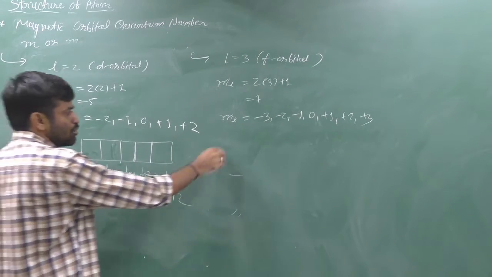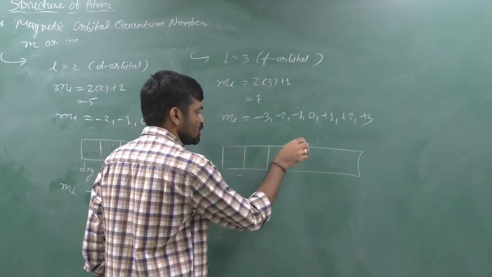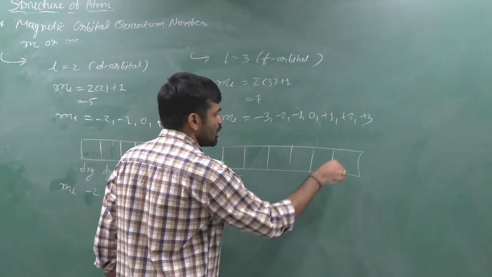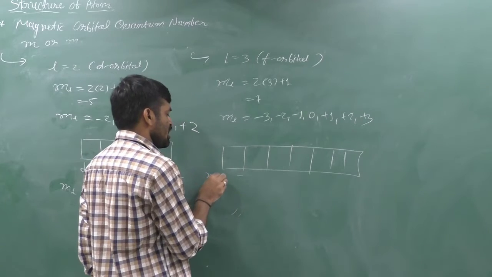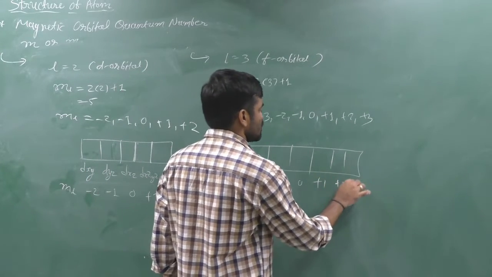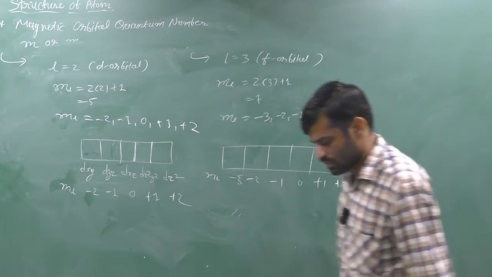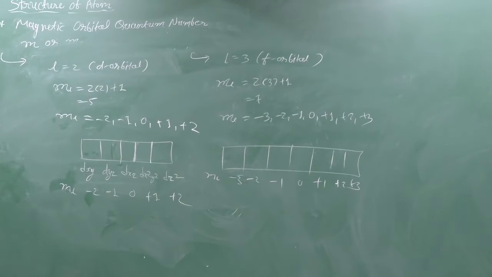Now the f orbital is divided into 7 parts, 1, 2, 3, 4, 5, 6, 7. The names are not important for us. They also have 7 names, but they are not that important for us, and we do not need to remember them.